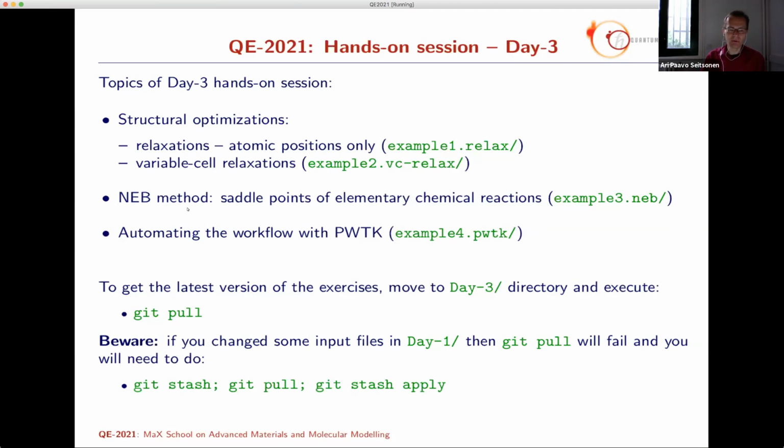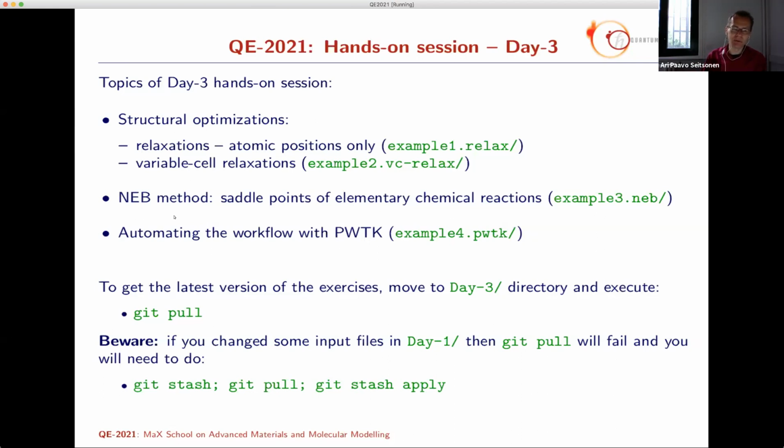Then we go to the NEB method. As Tone showed this morning, morning for us, maybe another time of day for you others around the globe, we can get saddle points, reaction paths, and so on.